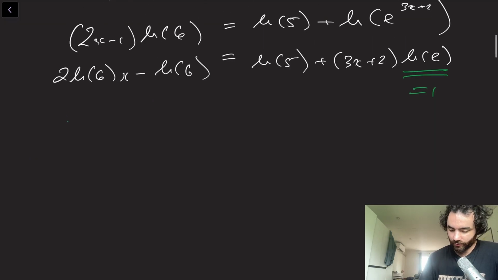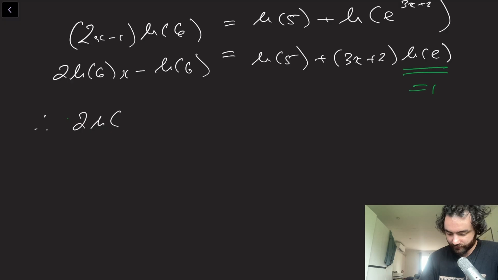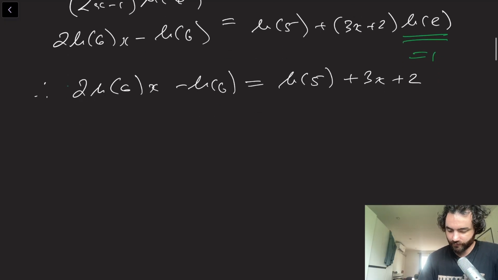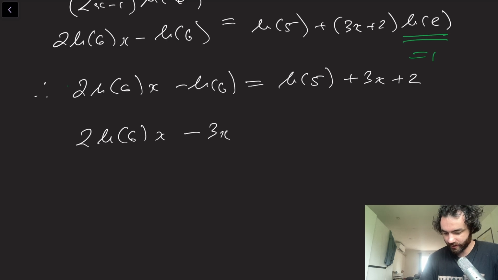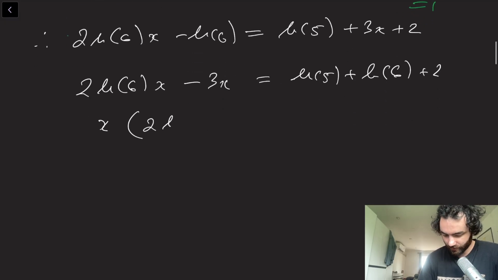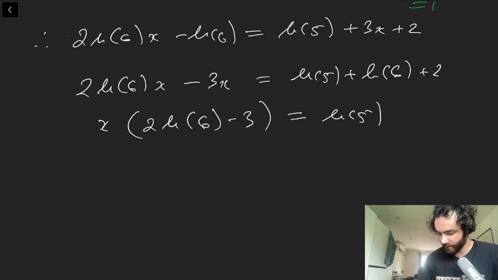Anyway, okay, so therefore we get 2 ln of 6 times x minus ln of 6 equals, this is 1, so we get ln of 5 plus 3x plus 2. We'll take this over: 2 ln of 6 times x minus 3x equals ln of 5 plus ln of 6 plus 2. Taking x out, we get x times (2 ln of 6 minus 3) equals ln of 5 plus ln of 6 plus 2.